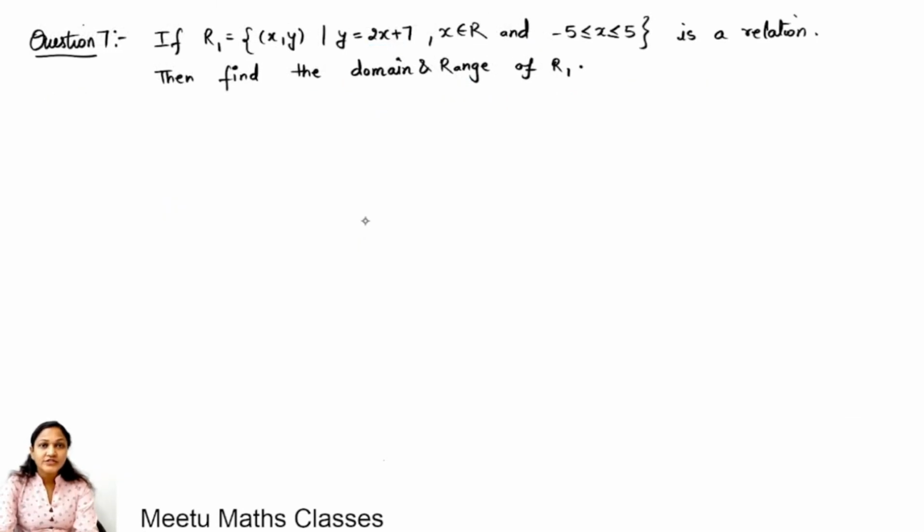Your next question is question number 7. If R1 is a relation where x is related to y, satisfying the condition y should be equal to 2x plus 7, x should be a real number and lying between minus 5 to 5, in this relation you have to find the domain and range of R1.